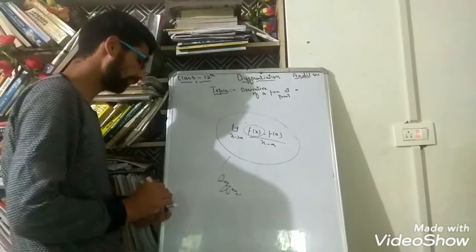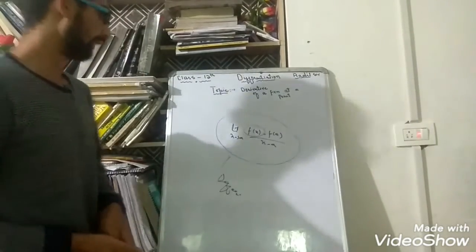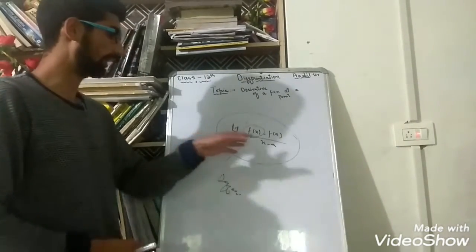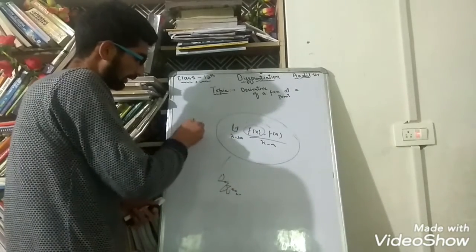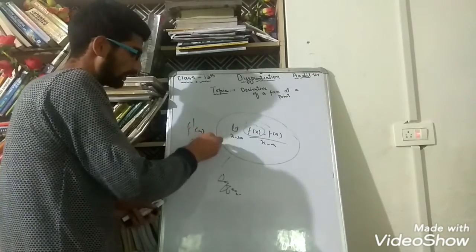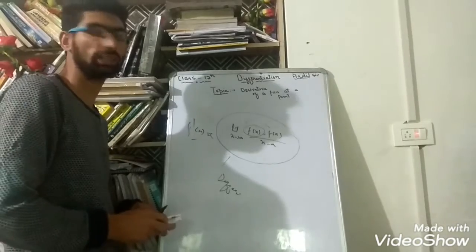Now the procedure that we follow to find this slope of tangent, or this f dash of a, that technique is called differentiation.